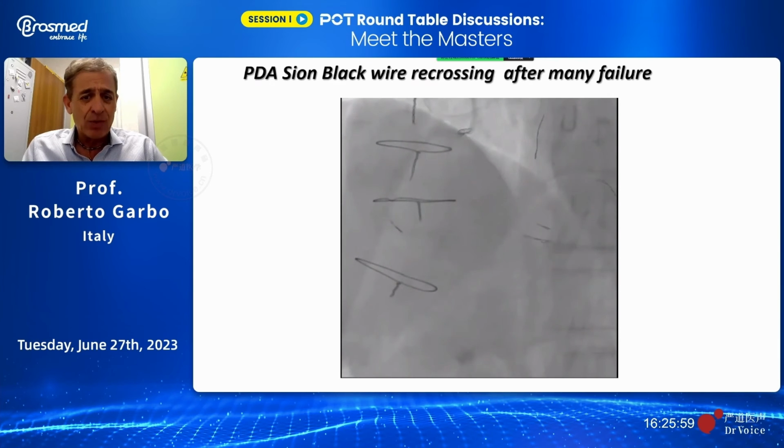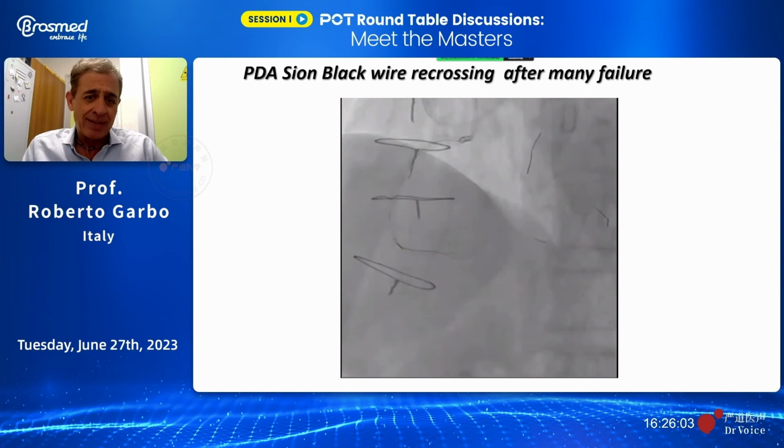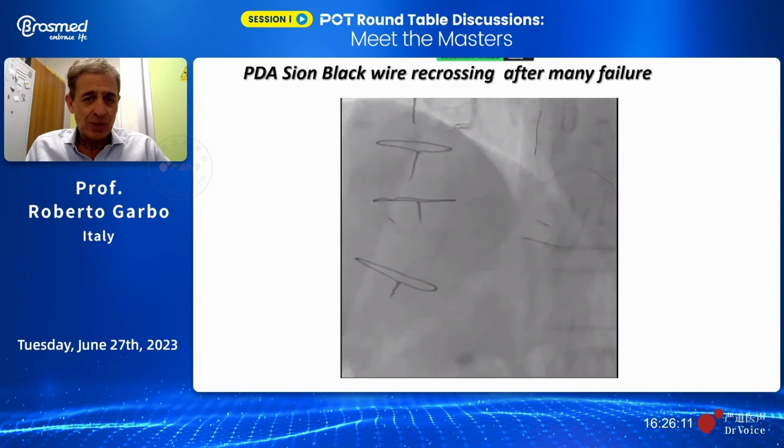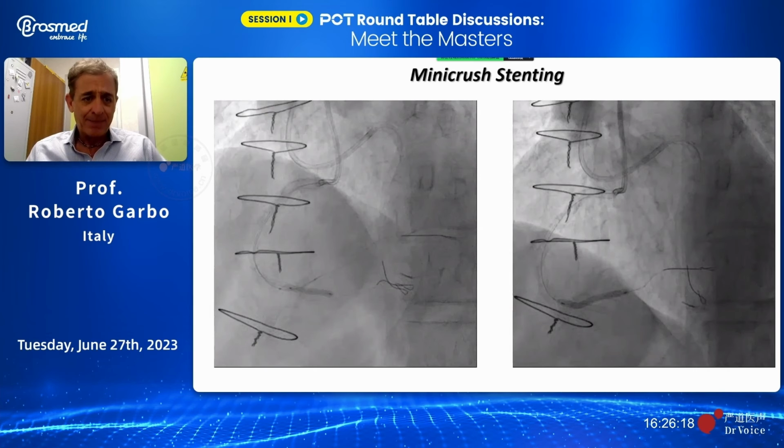At the beginning it was not so easy. I went in, saw that I think there was a side branch of the PDA, and then I was able with the dual lumen and Sion Black to get the PDA vessel with the wire. Then mini crush technique, you can see here.